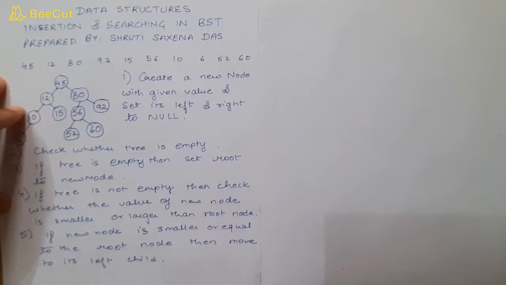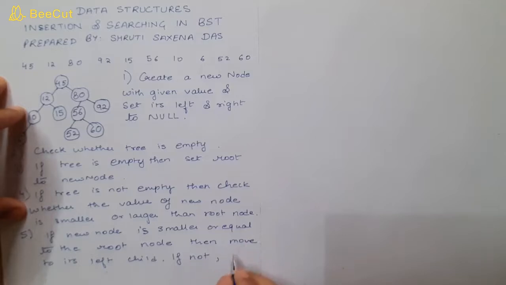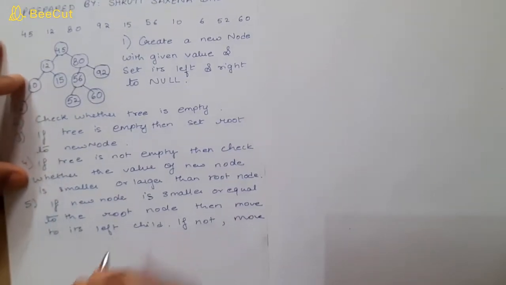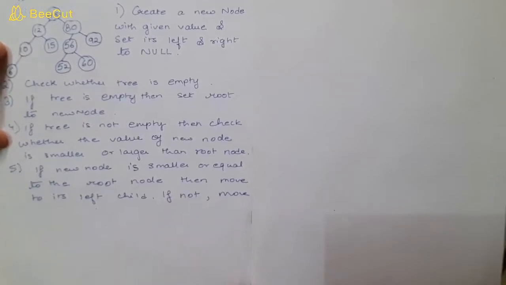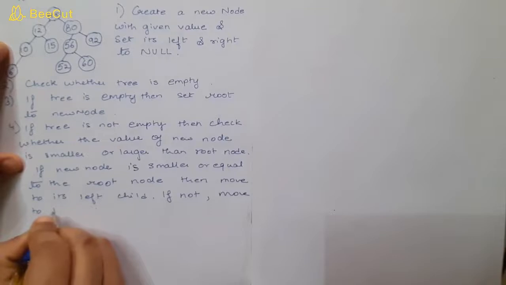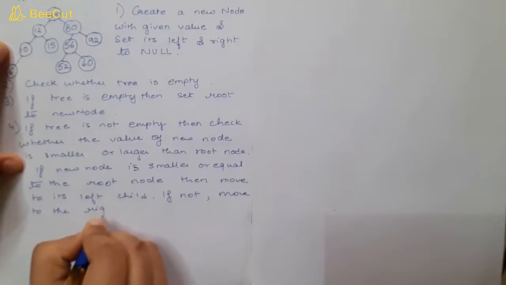If not, that means when this condition becomes false, when the new node value is greater, then move to the right child.